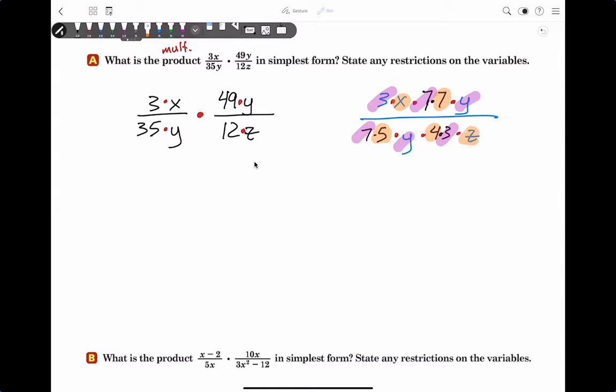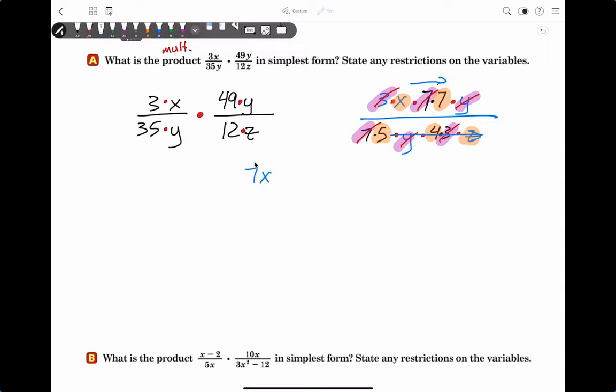Well, 7 has nothing in common with 5 or 4. So there aren't any other identical copies or common factors between the numerator and denominator. When there's nothing else to cancel, then you just multiply straight across. x times 7 is 7x.